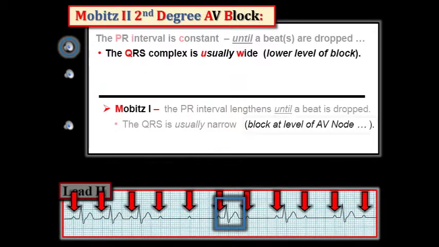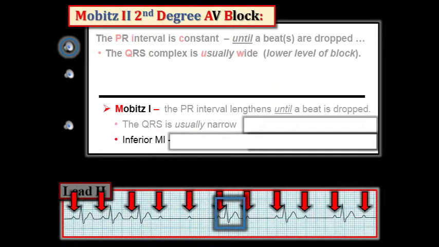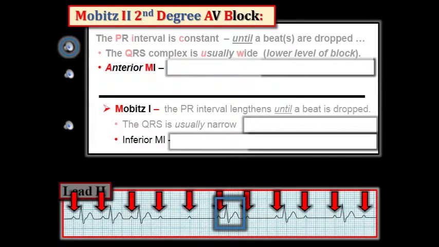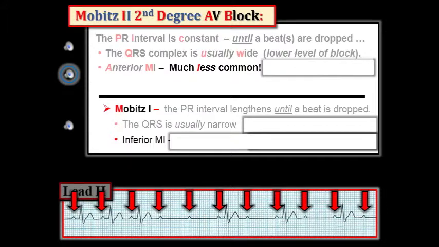Since the right coronary artery most often supplies the AV node, Mobitz 1 is typically associated with acute inferior infarction, whereas Mobitz 2 is usually associated with anterior infarction. Mobitz 2 is much less common than Mobitz 1. In our experience, 90, if not 95% of second-degree AV blocks are Mobitz 1.